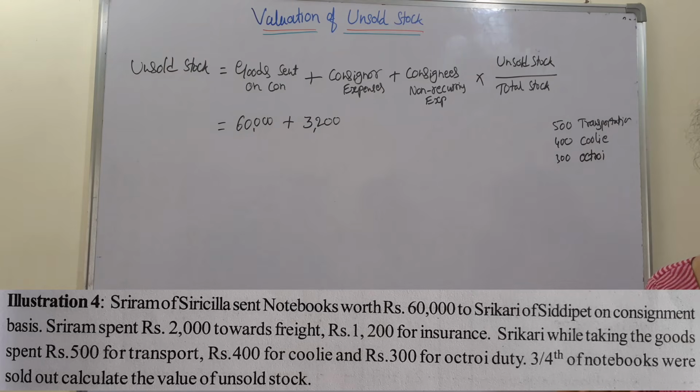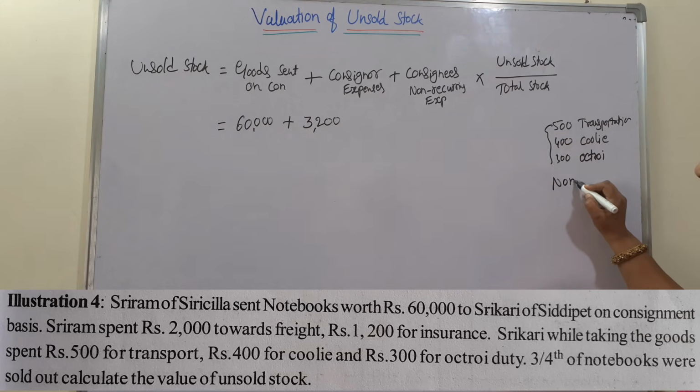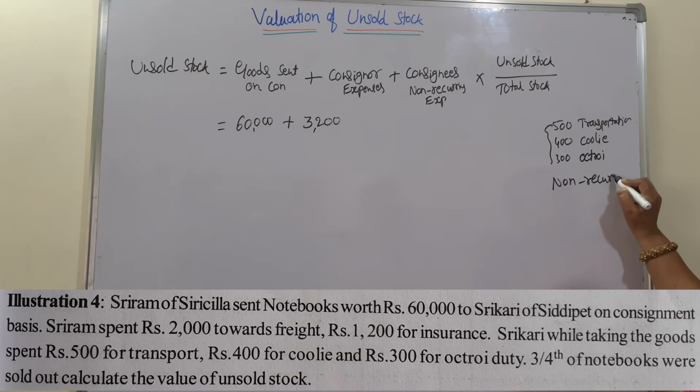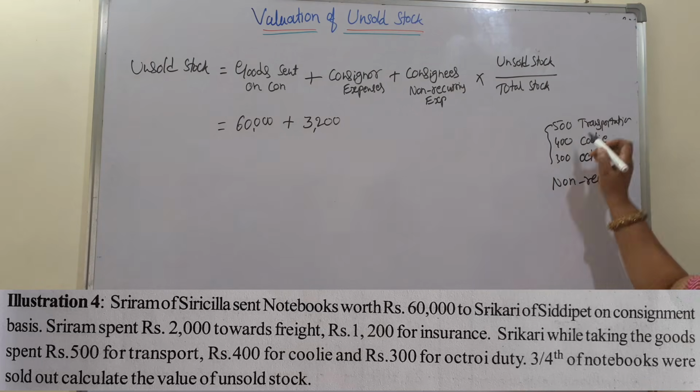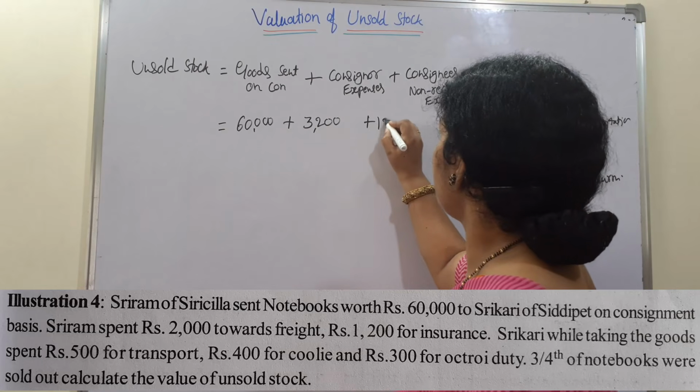Transportation is paid one time, so it is non-recurring. Coolie is also paid only one time, it is also non-recurring. And octroi tax is also paid one time only. So all these things are non-recurring. Non-recurring expenses of consignee, everything we will take. Are you getting it? Now 500 plus 400, 900 plus 300, 1,200 consignee expenses.